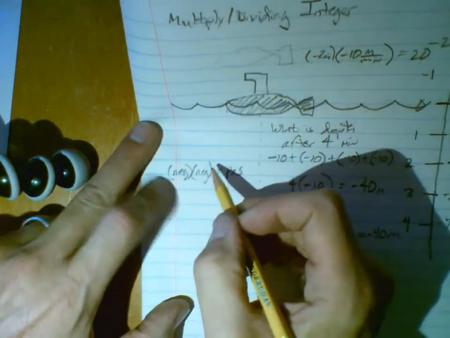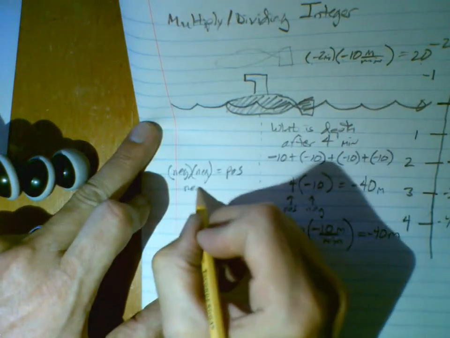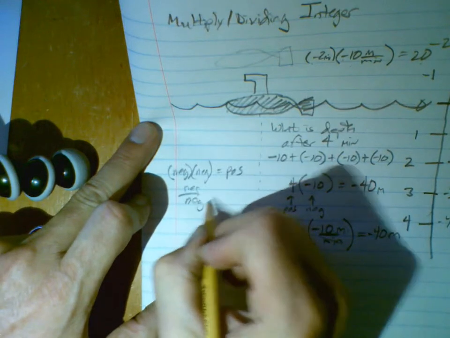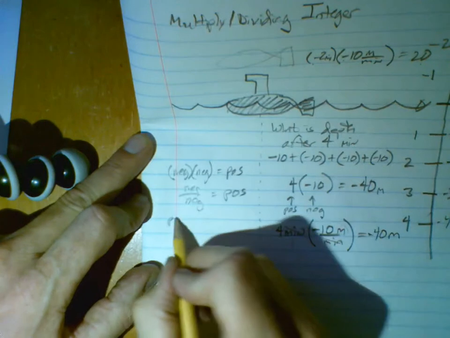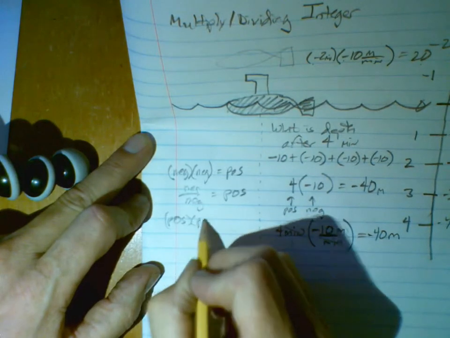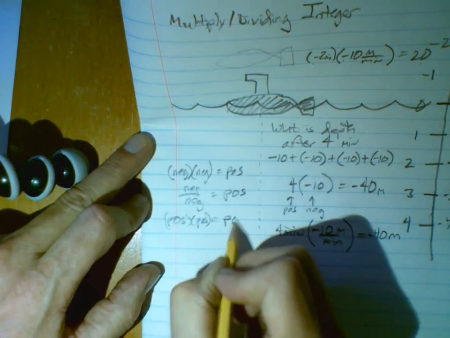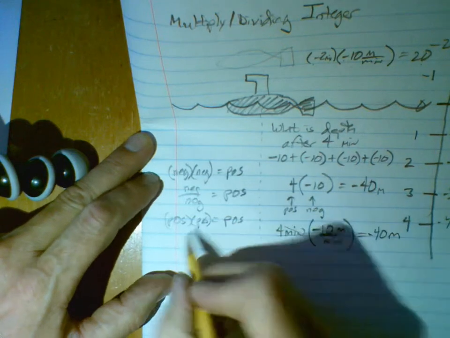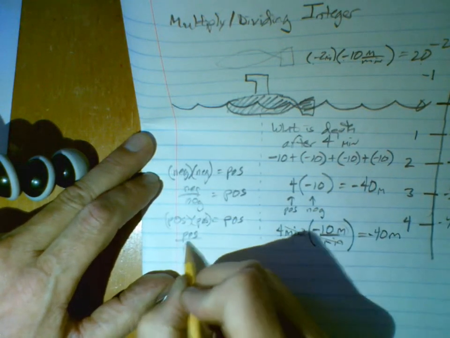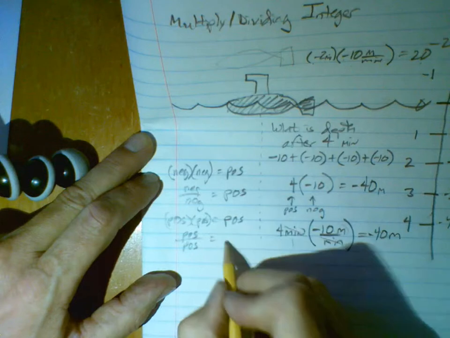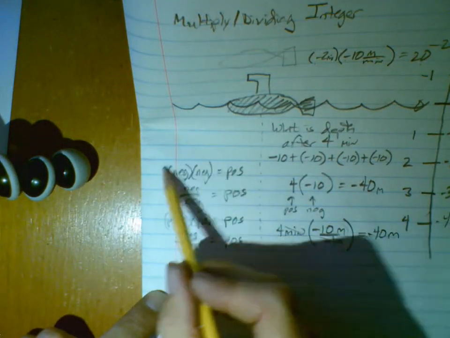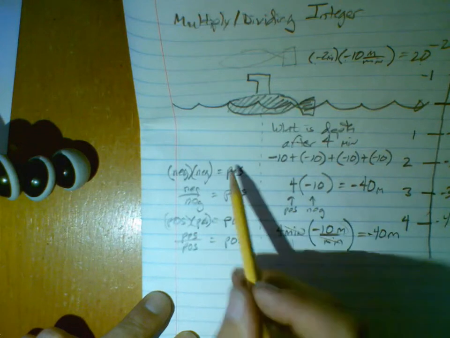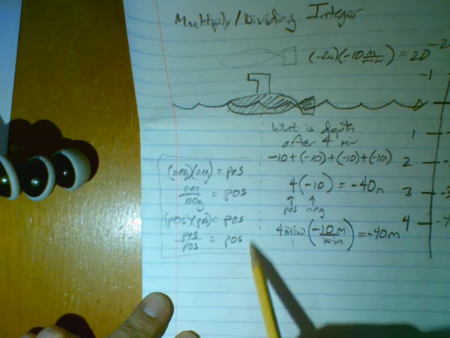And the same thing works with division. A negative divided by a negative is also a positive. If I have a positive times a positive, that's going to equal a positive. And if I have a positive divided by a positive, that's going to equal a positive. So we should notice that when the signs are the same, the answer is positive.